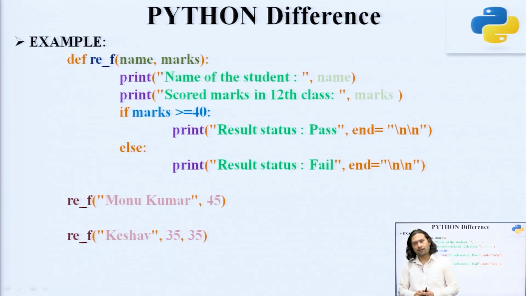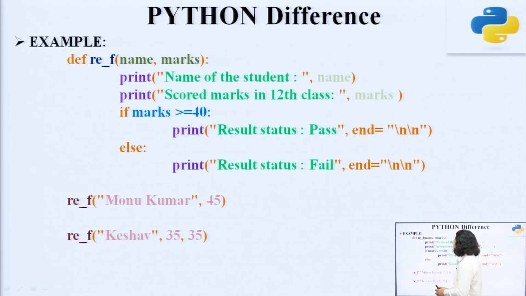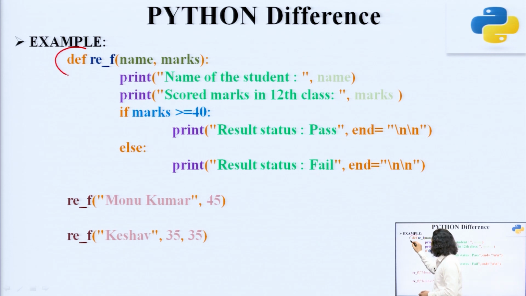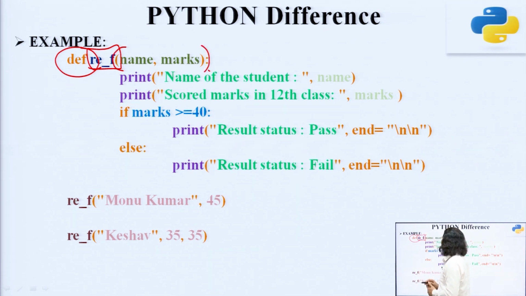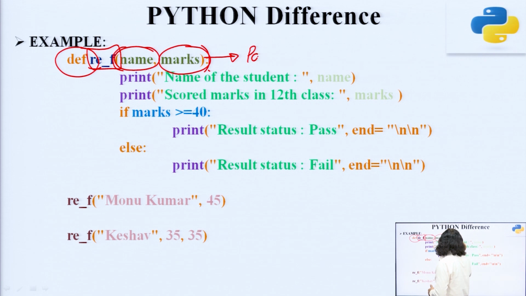Now, look at the example, where we are going to see the parameters and arguments. Since this is the definition of the function, our function name is ref, and in that we have two pieces of extra information, which are referred to as parameters.